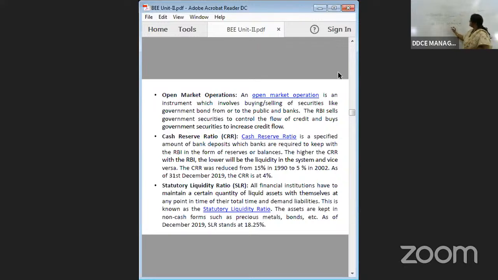Today's CRR percentage announced by RBI is 4.5%, roughly 4%. This 4% of the bank's total amount, around 4 rupees, is drawn out to RBI.